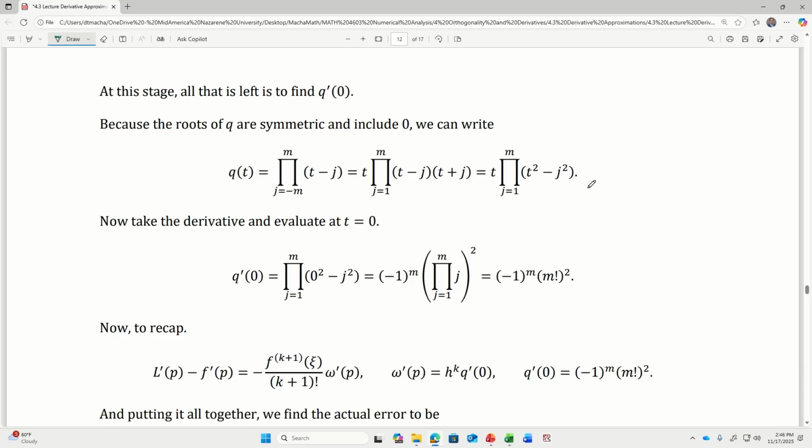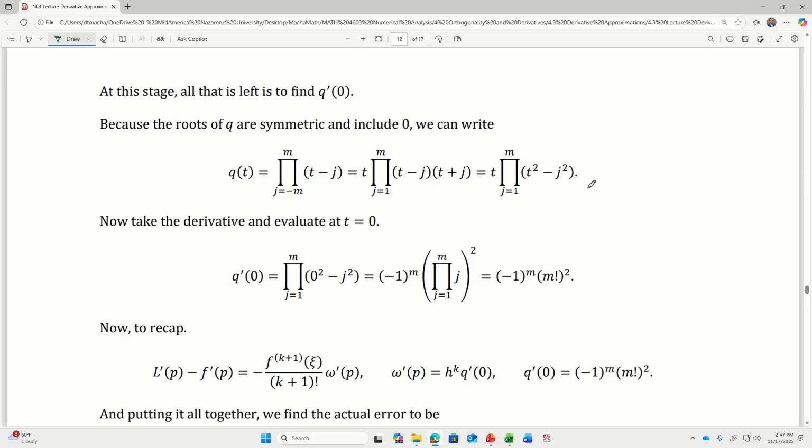At this stage, all that's left to find is q prime of 0. And again, I use t's. We'll just suffer through the t's for right now. Q of t is this product, right? And since the j's are placed symmetrically about 0, going from all the integers negative m to positive m, then I could make this product go from j equals 1 to m and just include t minus j for the positives and t plus j for all those negative values of j.